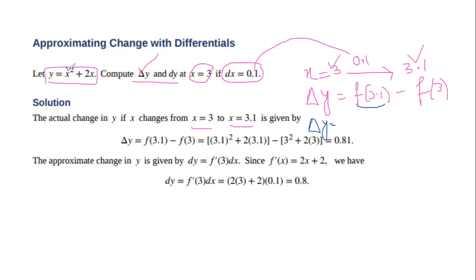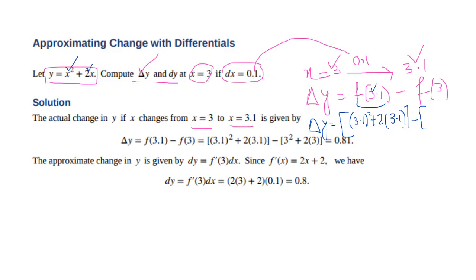The function is x square plus 2x. Now the x value is 3.1 for this case, so it will be 3.1 square plus 2 into 3.1, minus the function of 3.